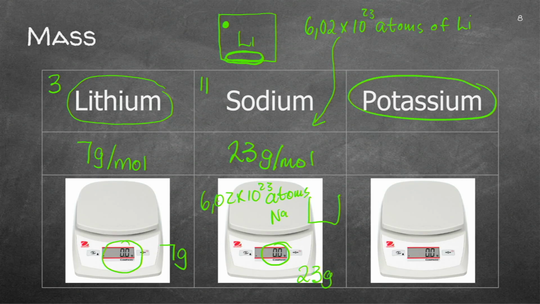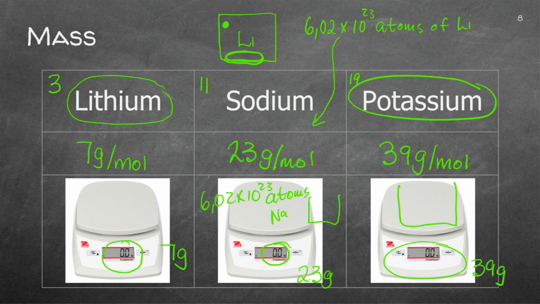Potassium, just below sodium, element number 19, and if you have a look, you'll find 39 gram per mole. So this reading will be 39 gram.